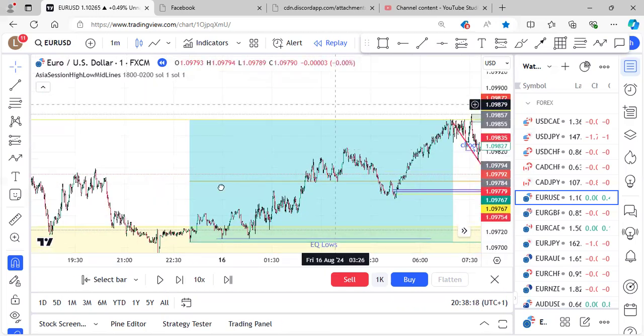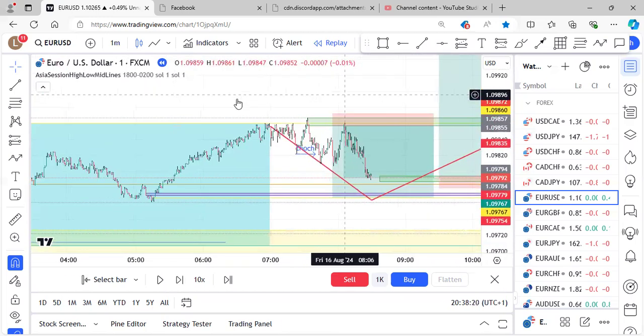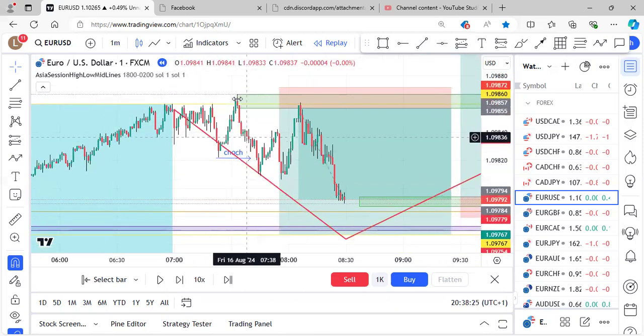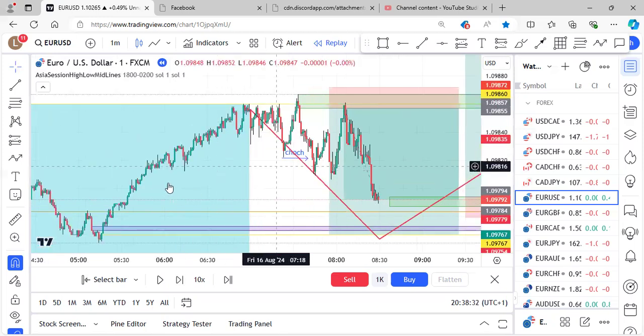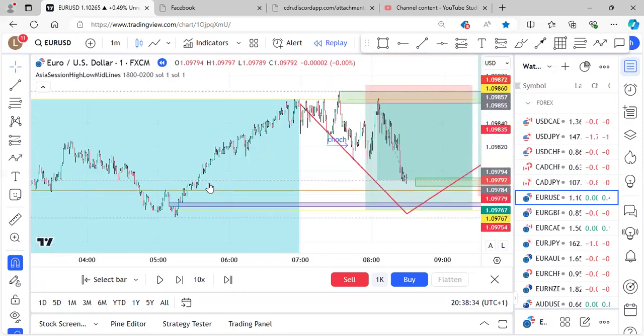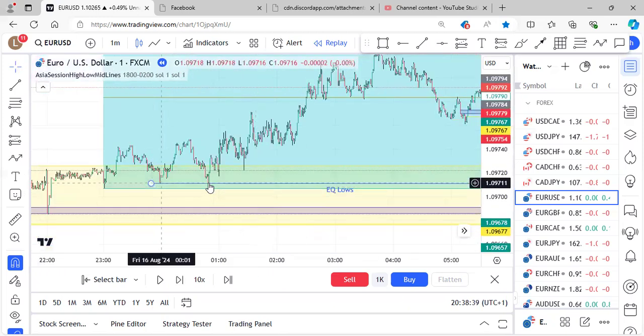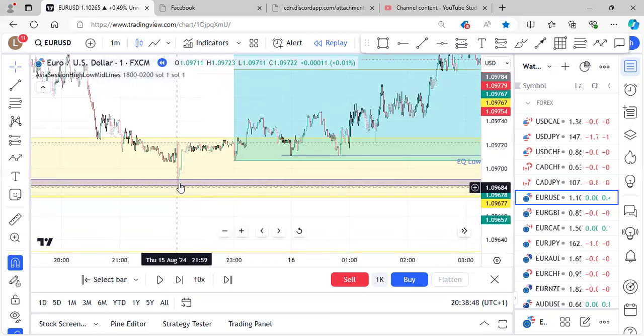I'm not gonna have a look, but I think there would have been like a 15-second imbalance fill, nice little candle setup. So an imbalance fill, Asia high swept, and then what actually convinced me about taking the sell as well was these equal lows just here at the bottom of the Asia low. I thought it might sweep them and possibly go into this BPR fill here.